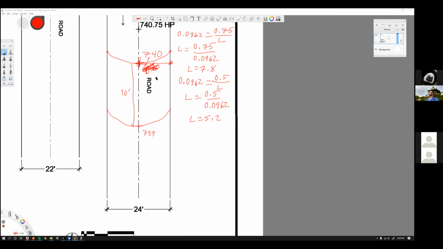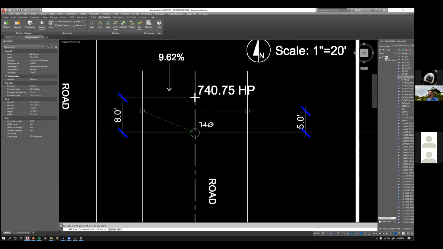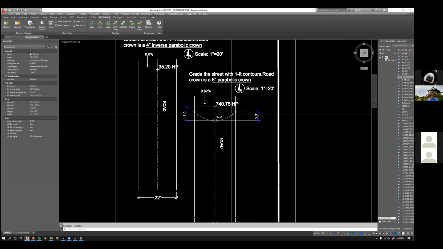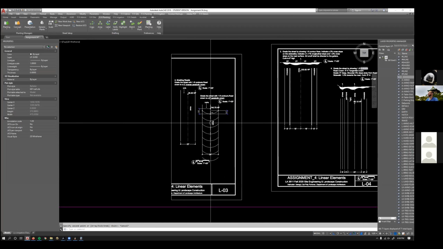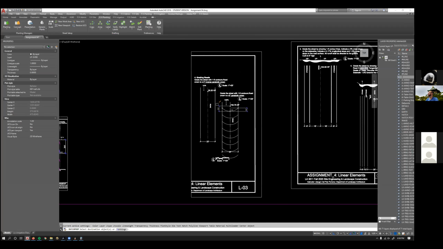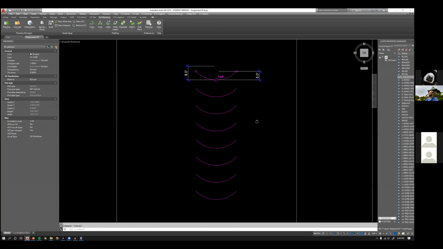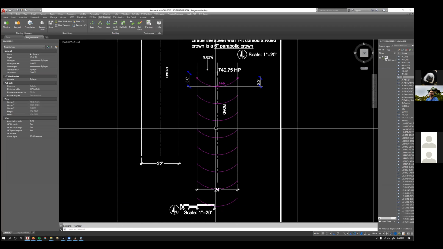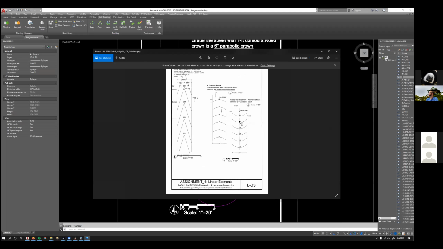So if we go back over here, we draw our line, and we just draw it every 10 feet. And that's what your contours will look like for this problem. Does that make sense? Yeah, these are the other ones.